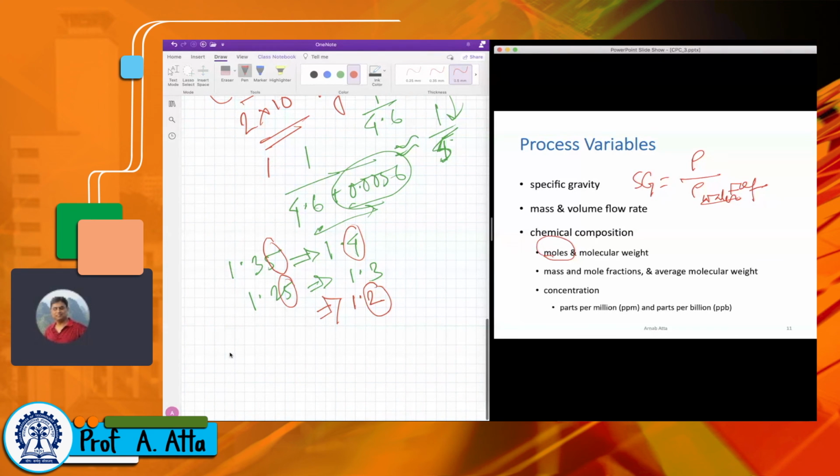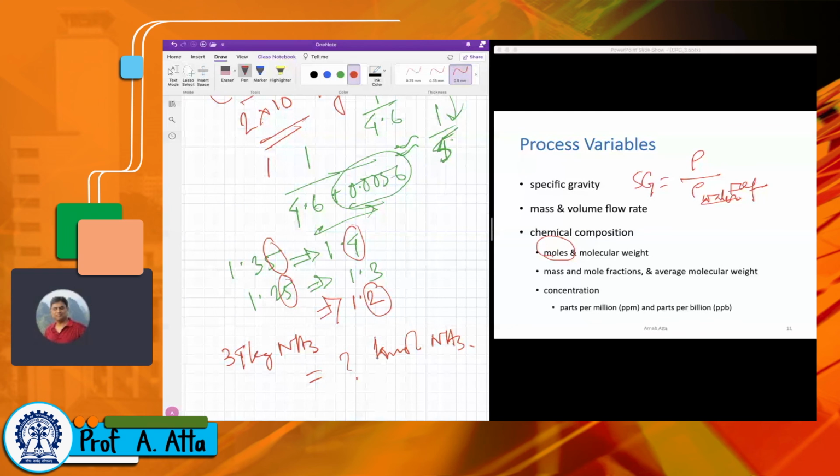Say I say 34 kg of ammonia. How many moles of ammonia? Say kilomoles. 2 kilomoles, rather, because I have asked in kg.